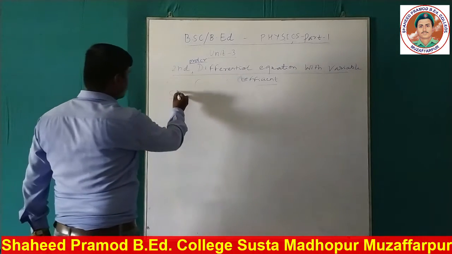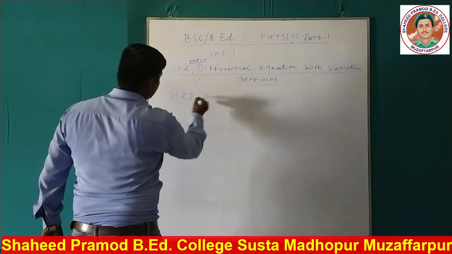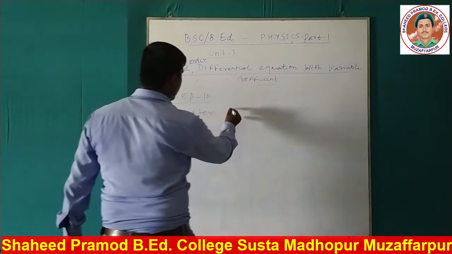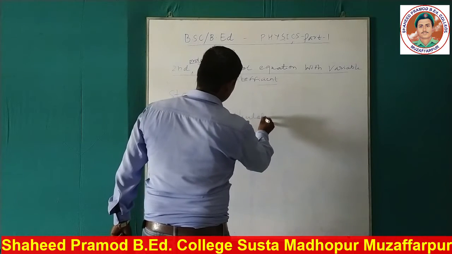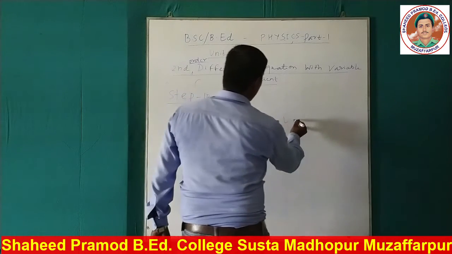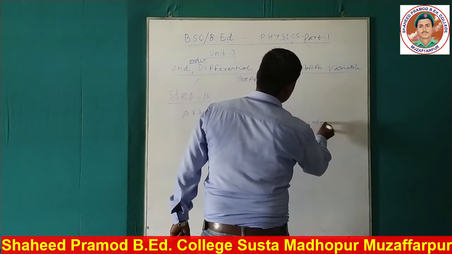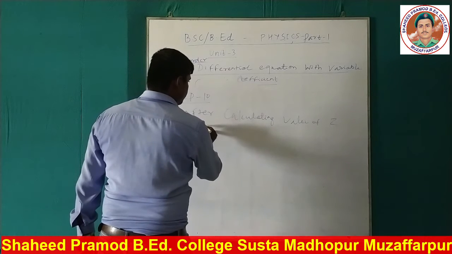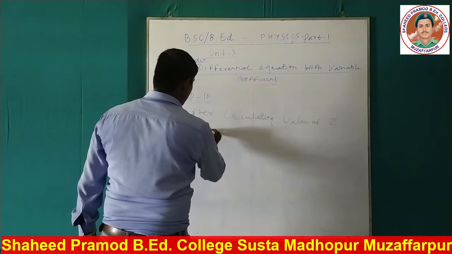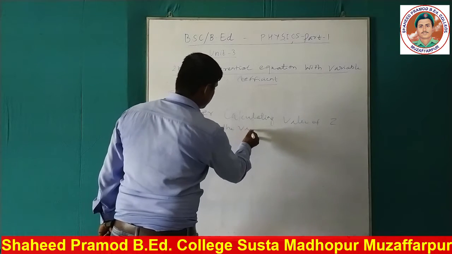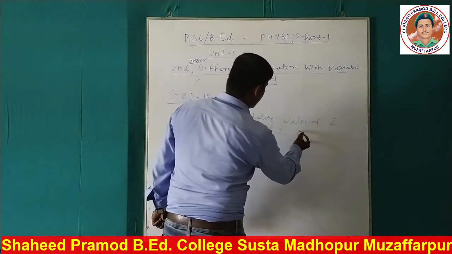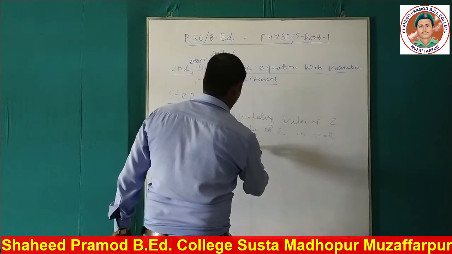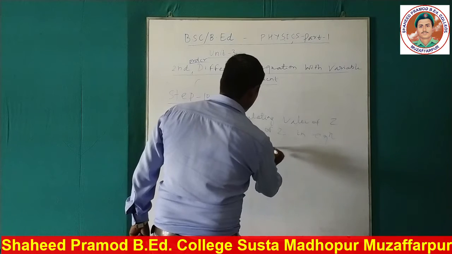So in step number 10, after calculating the value of z, you have to put the value of z in the equation dv upon dx is equal to z.